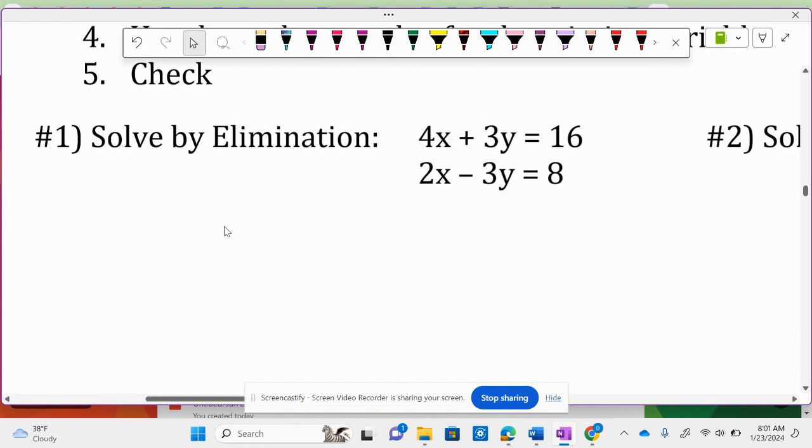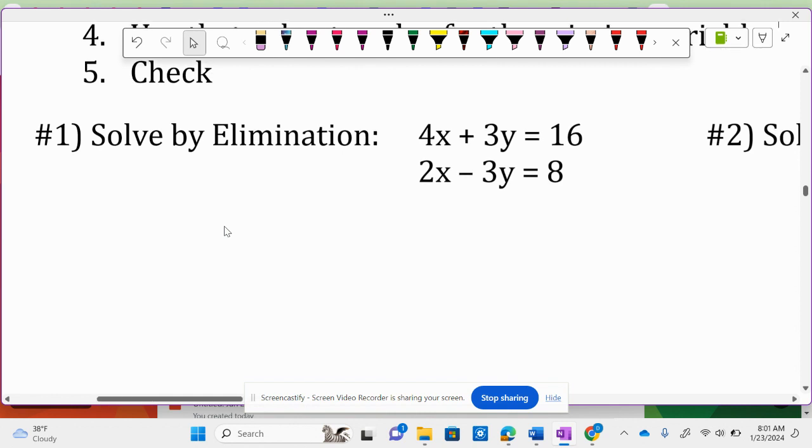We're going to solve this system using elimination. The first thing that you want to do is make sure that both equations are written in standard form and that the x's and the y's are stacked right over the top of each other. So I have x's lined up, my y's lined up, then my equal sign, and then my two constants. Are we written in standard form, and are the variable terms lined up? Yeah, they are.